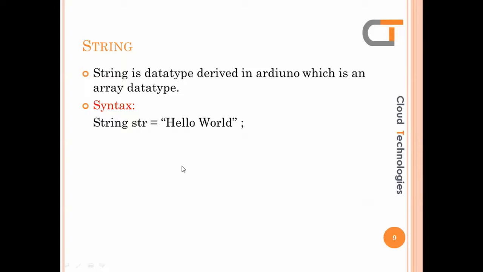If it is matched, then it gives the boolean value true. If the comparison is not correct or a different string is there, then it gives the boolean false. Like that we can find any character in the string by using str dot find. Str means the name of our object, dot find. In that we can pass the character we want to search. Okay, so this is about the string.